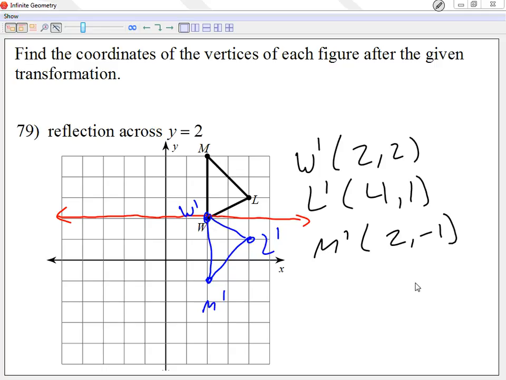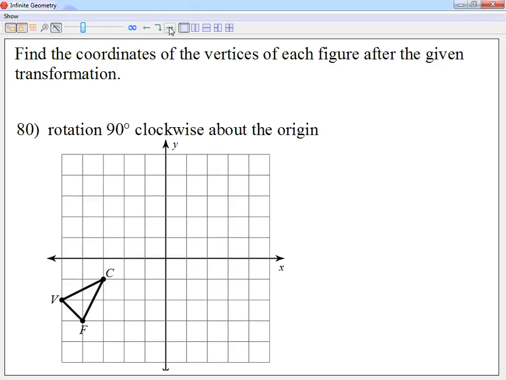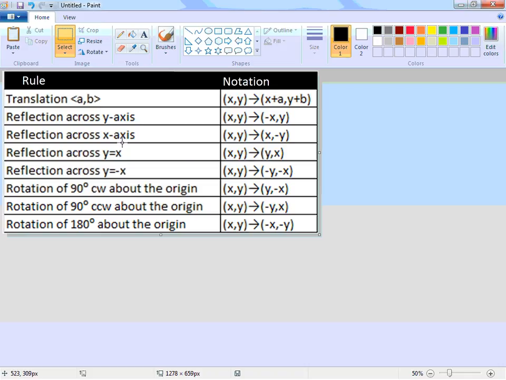For 90 degrees clockwise, is it negative x, negative y? Looking at 80, looking at the rule, 90 degrees clockwise, it says xy becomes y negative x.